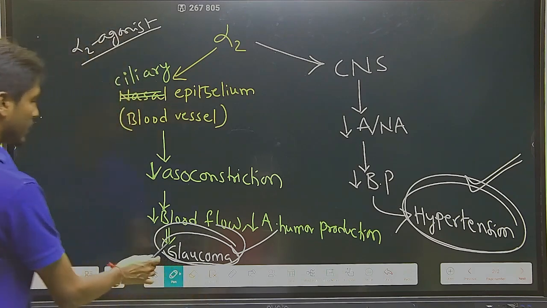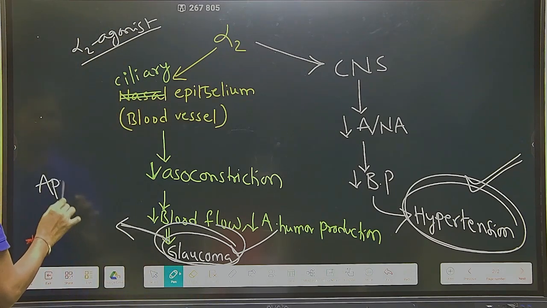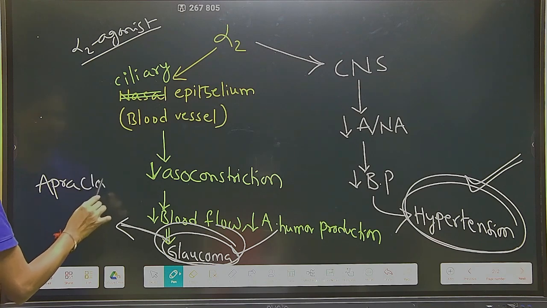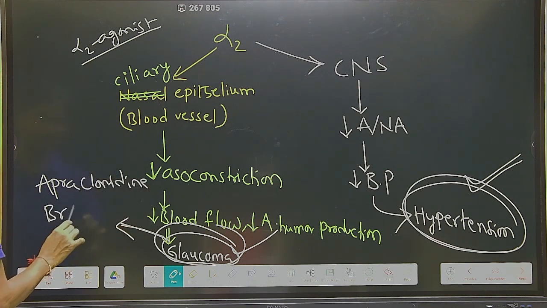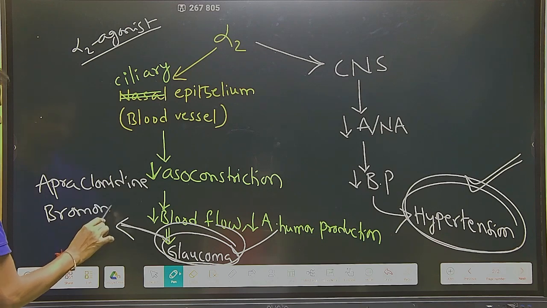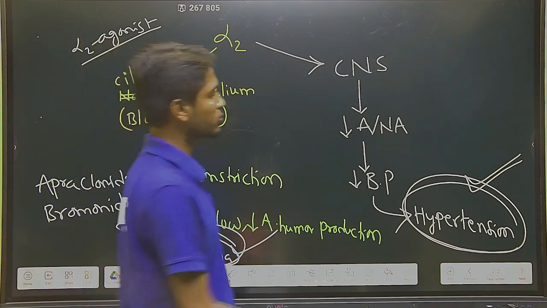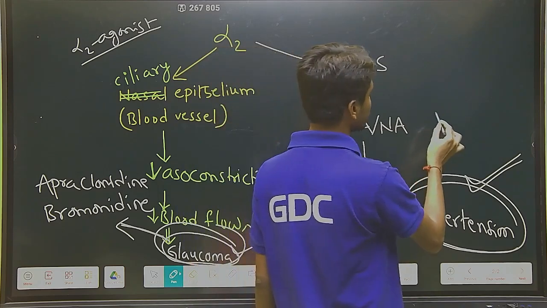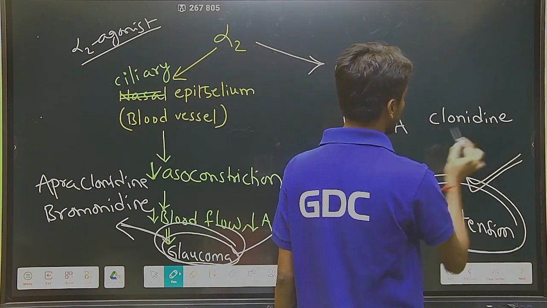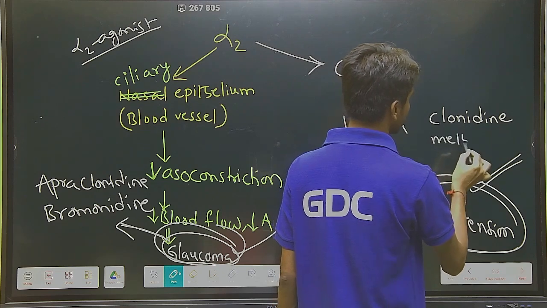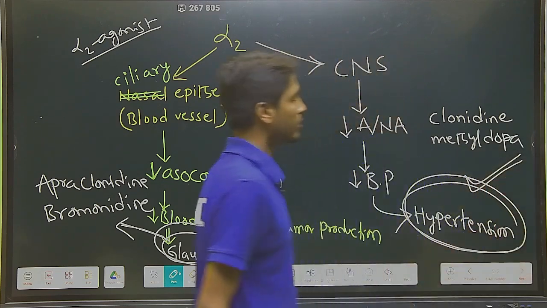When it comes to the glaucoma drugs, these are apraclonidine and brimonidine. When it comes to the drugs used in hypertension, that is clonidine and methyldopa.